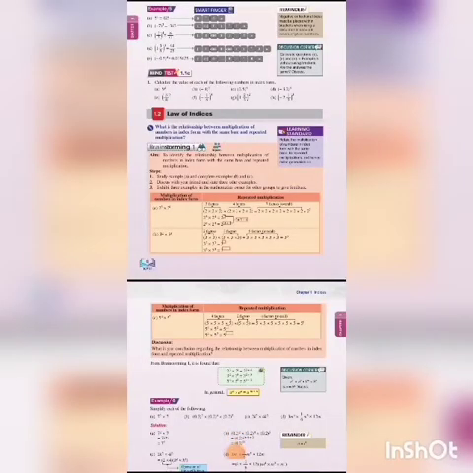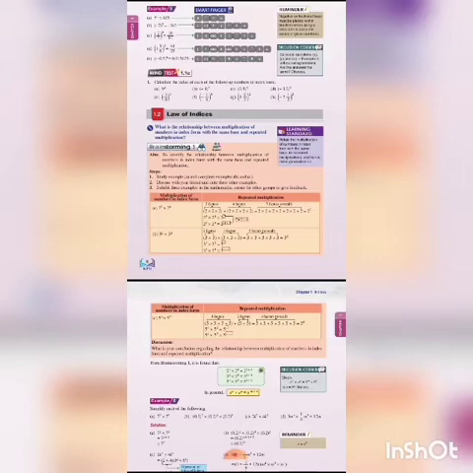So today I teach subtopic 1.2, law of index. Before I discuss law of index, I flashback. You studied yesterday index notation.